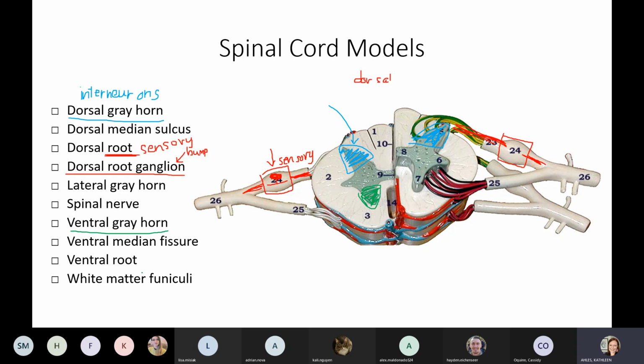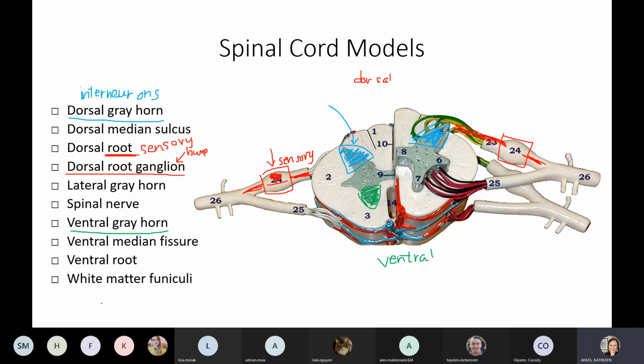The ventral gray horn, the one that's on the front, has neurons that control skeletal muscles that help you with doing conscious movements, for example. So all of the major muscles in your body that we're moving get their directions from the ventral gray horn.